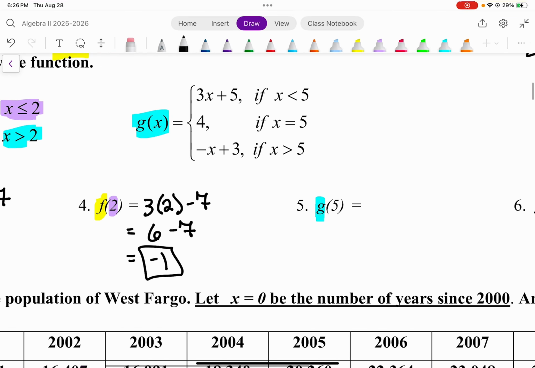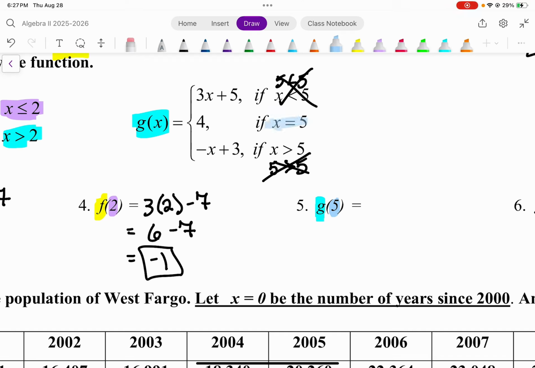Then question number 5, we are doing g of 5. What we need to do then is look at which one of these inequalities we are going to use for g of 5. It will not be the top one because 5 is not less than 5. So that's not true. We're not going to use that one. It's not going to be the bottom one because 5 is also not greater than 5. So we're not going to use that.